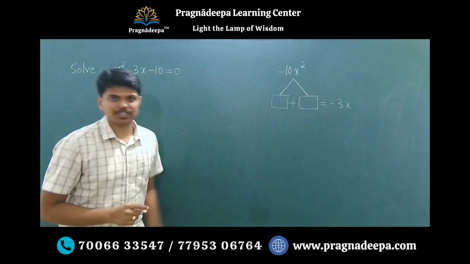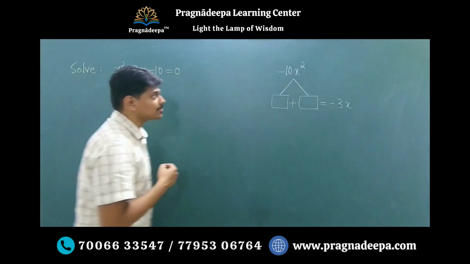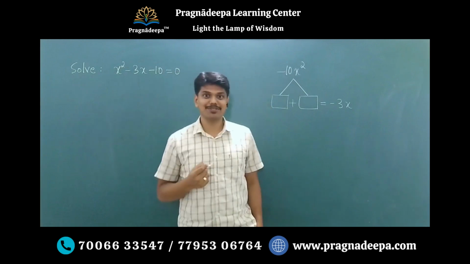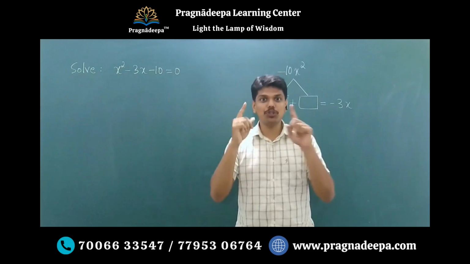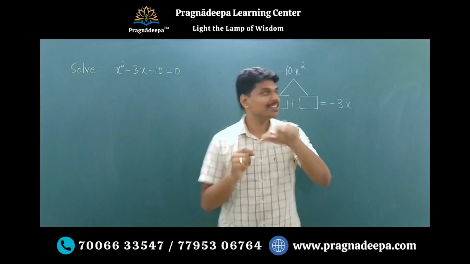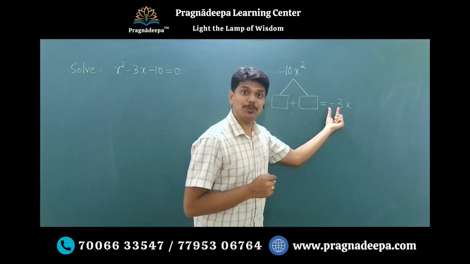That we know, we learn it as the factorization technique. So which are those two numbers? Think. See, I can create one interesting question here, students. Find two numbers such that the product is negative 10 and the sum is negative 3.